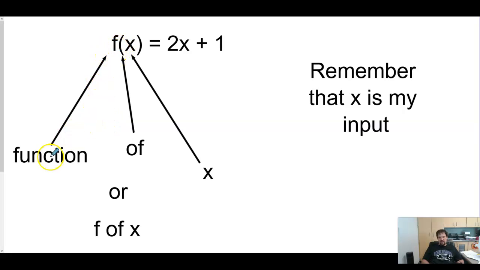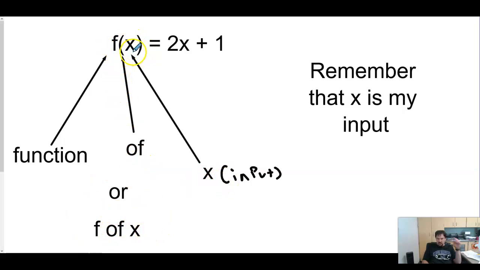So the f stands for function. The parentheses, we can kind of say that of, and then x is still x, known as my input value. So what we're saying is that this is a function based on whatever the x is. Instead of saying function of x every time, we just say f of x.